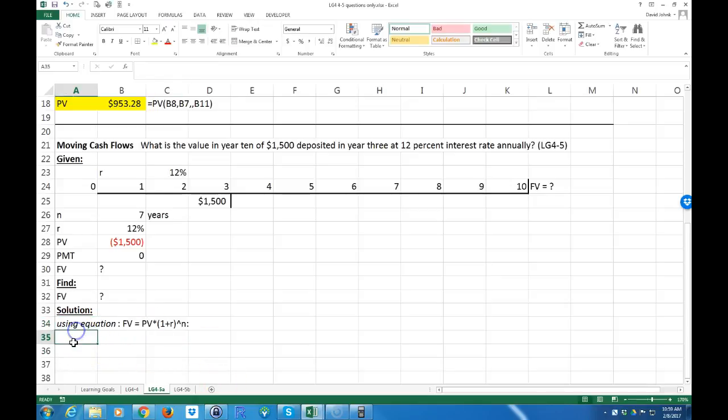So I'm going to go future value, and it's equal to this times parentheses 1 plus this to the 7th power. Okay, and make that dollars. You get these little symbols like that. That means you need to make this a little bit wider.